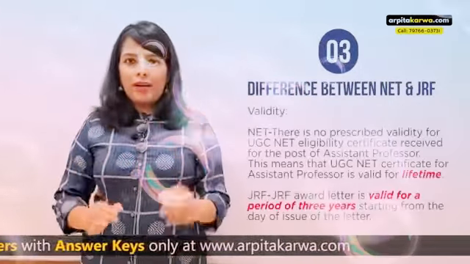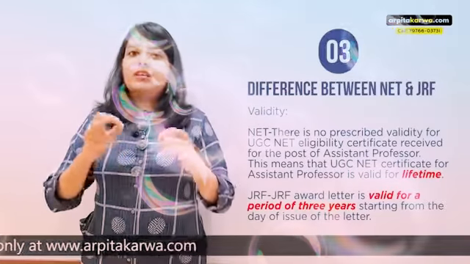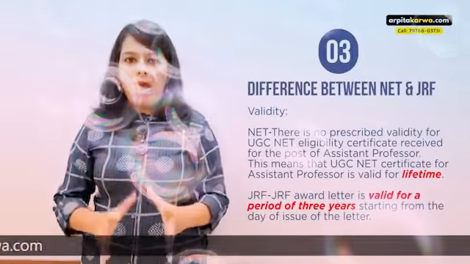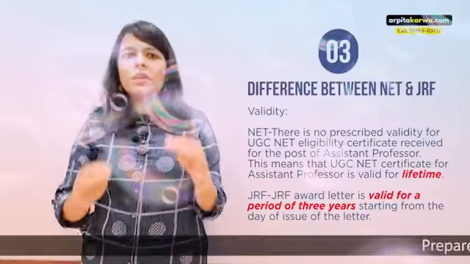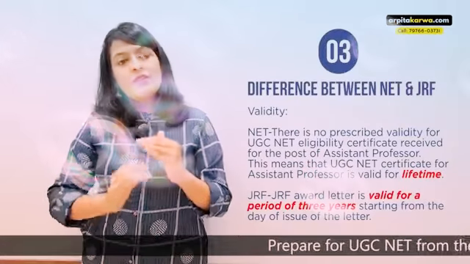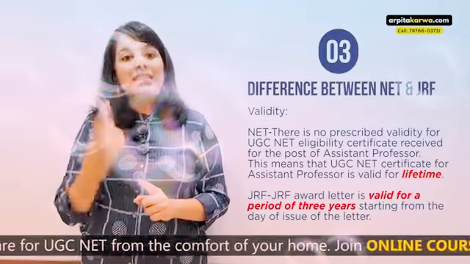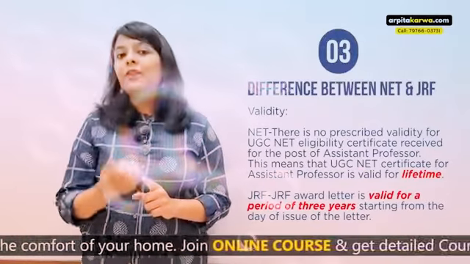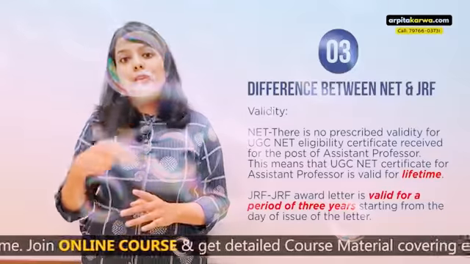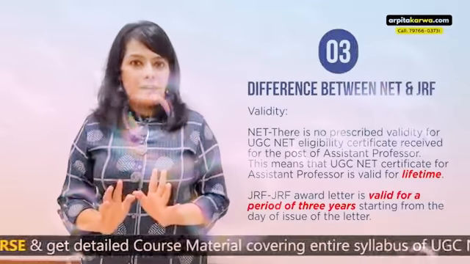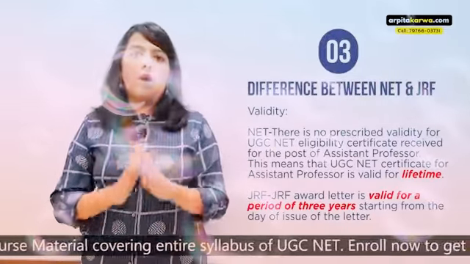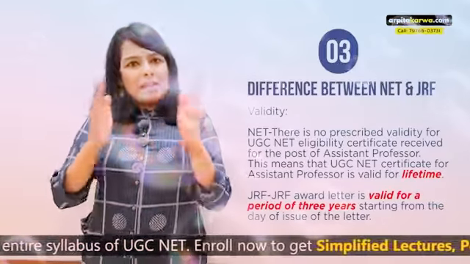No, it will not. NET is going to have a lifelong validity. So if you clear NET any time in your life, it is valid till the end of your life. In case of JRF, if you want stipend, then you have to apply in any university or college within 2 years of your JRF award letter, or else you will not be awarded JRF stipend. So that's the only difference.